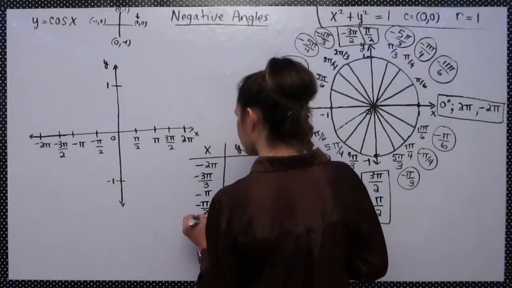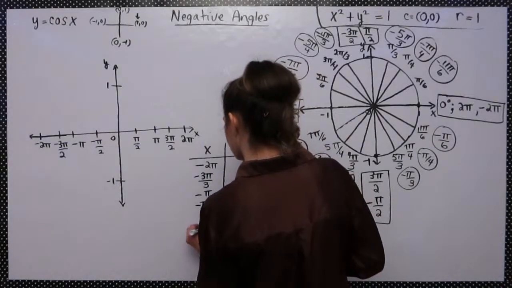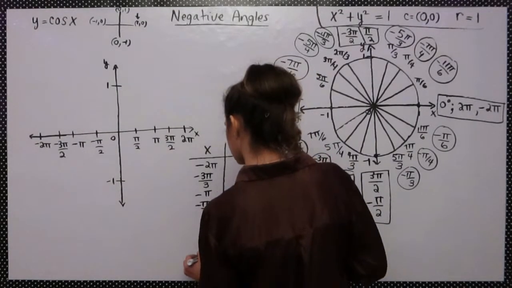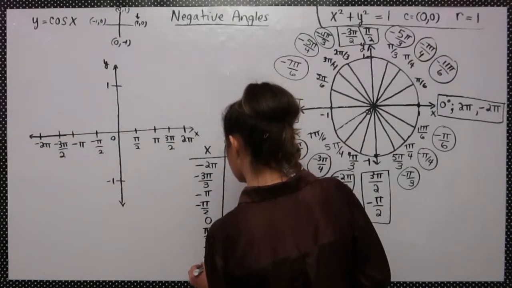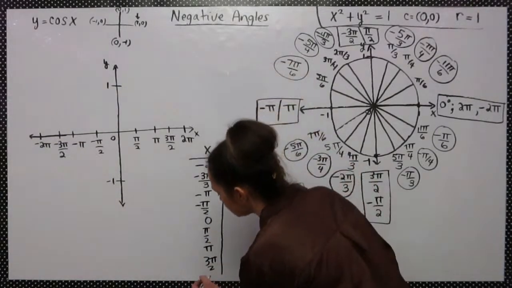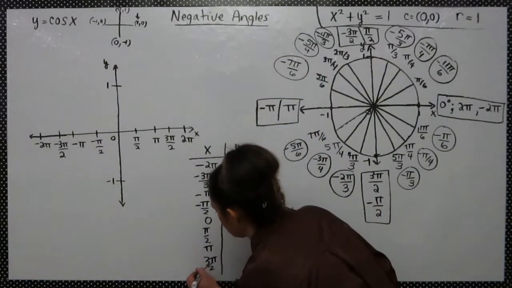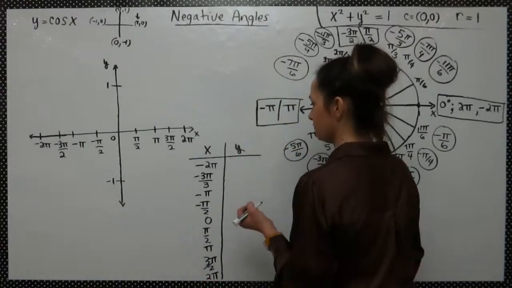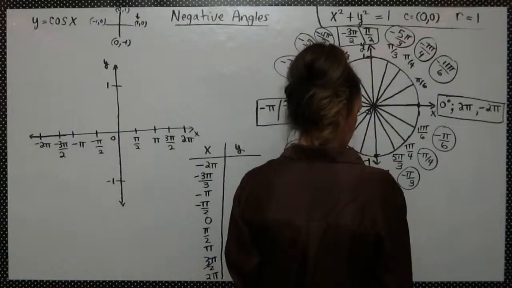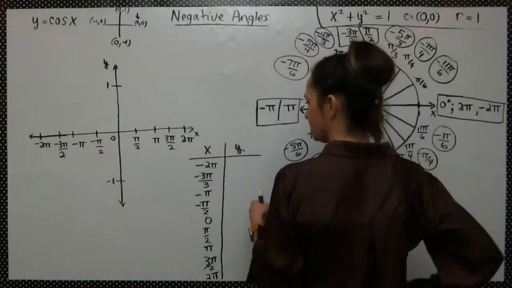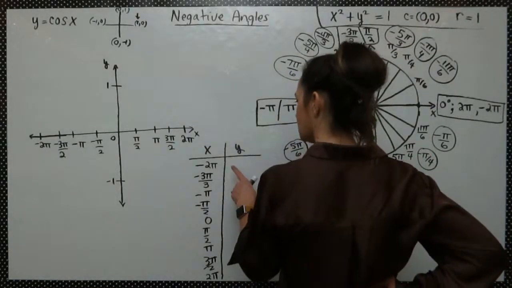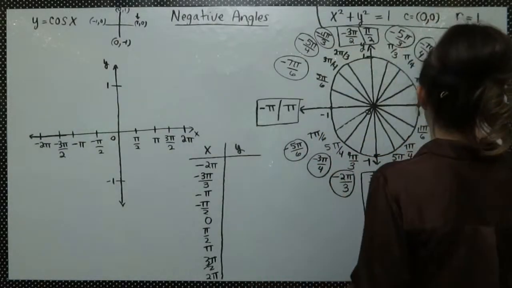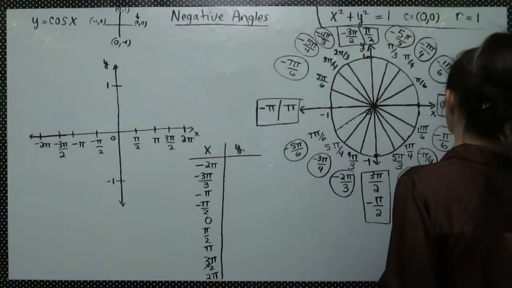And 0, pi over 2, pi, 3 pi over 2, and see if we can fit this 2 pi in here. That way I don't have to make two tables. So we've got negative 2 pi over here. So this is 0, 2 pi, and negative 2 pi.